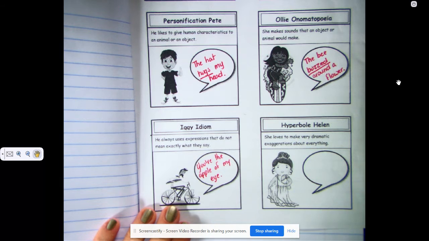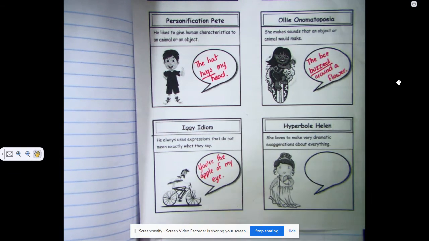When we say you're the apple of my eye, I don't actually mean that you're an apple. I don't literally mean you are an apple. What I mean is you are something I adore. You are my one special person. It doesn't literally mean this, it figuratively means it.